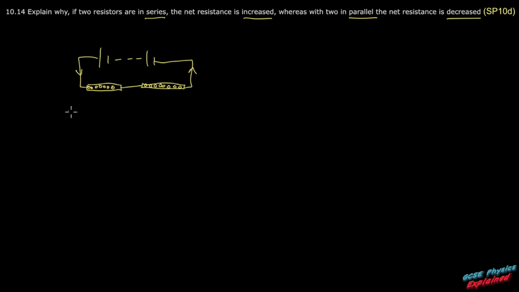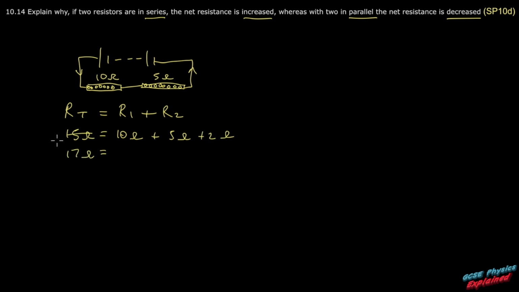The equation we've got is that the total resistance equals resistor 1 plus resistor 2. So if that's 10 ohms and that's 5 ohms, that'll be the same as a 15 ohm resistor. If I was to put another resistor in here that was 2 ohms, that would give us a total of 17. And that third resistor would be called R3.